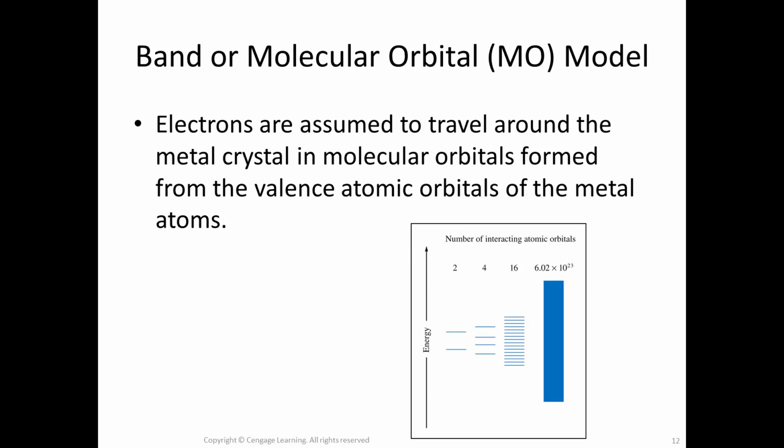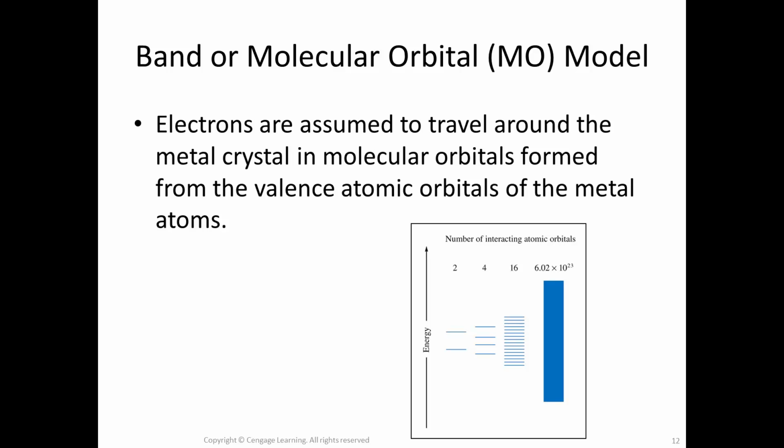In the band or molecular orbital model, electrons are assumed to travel around the metal crystal in molecular orbitals formed from the valence atomic orbitals of the metal atoms. Now, when we have very small numbers of atomic orbitals interacting, say 2 or 4 or 16, we can see discrete energy levels.